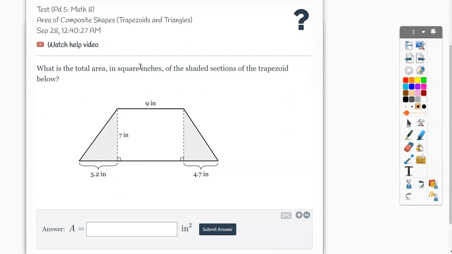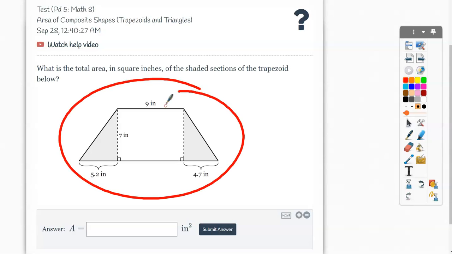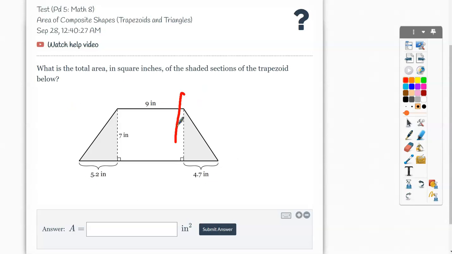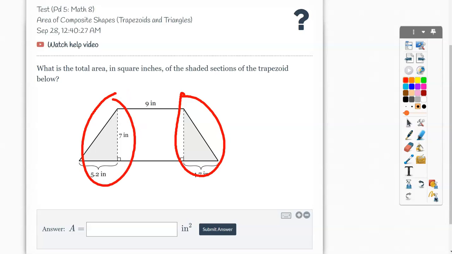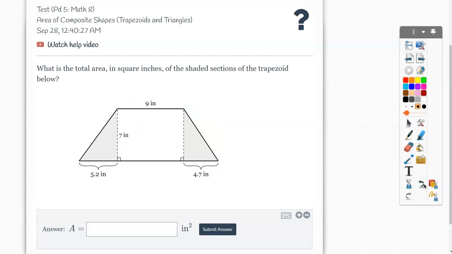What is the total area in square inches of the shaded sections of the trapezoid? So be careful here that you don't find the area of the whole trapezoid. We just want this section and this section. Those happen to both be triangles, so the area for triangle 1 over here is going to be half the base times the height.